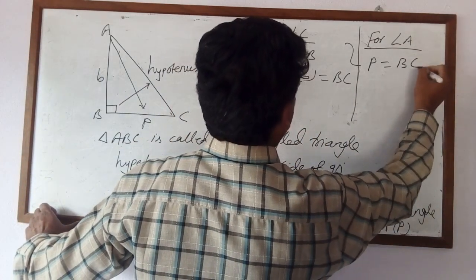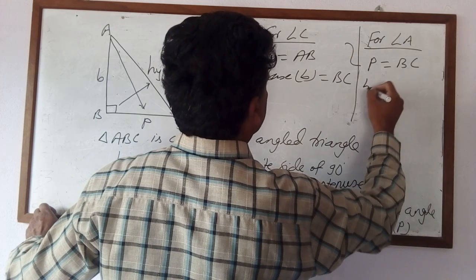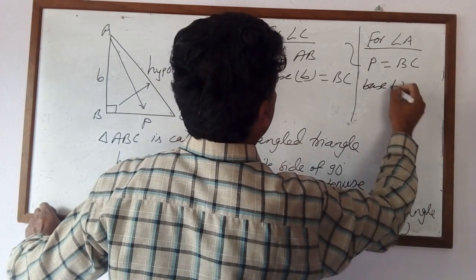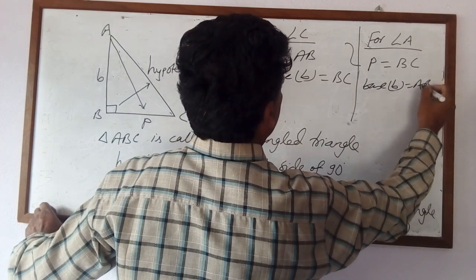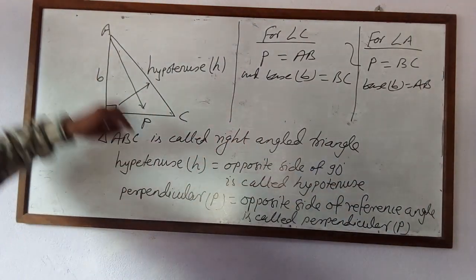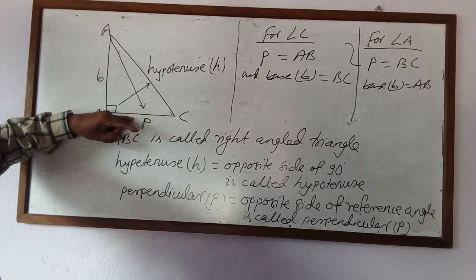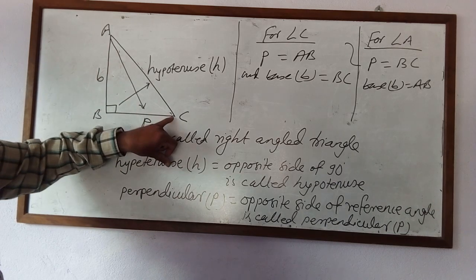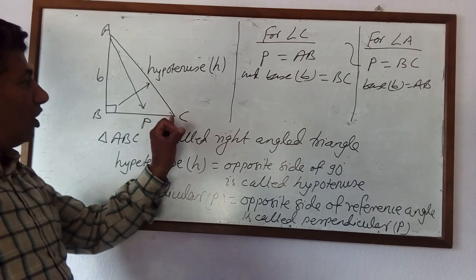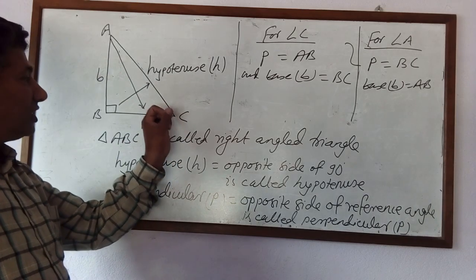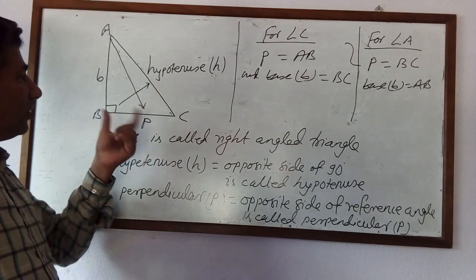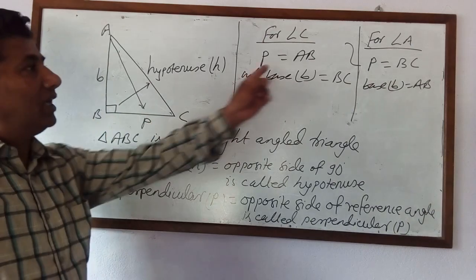BC will be perpendicular, and base small b will be AB. Now remember that for this angle A, this one is perpendicular, and this one will be base, and for this angle C, opposite side of this angle C is AB, which will be perpendicular, BC will be base. Now I have written there.